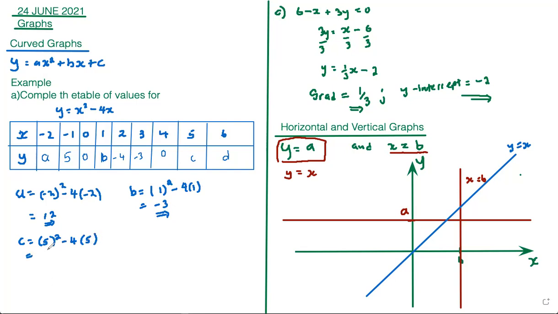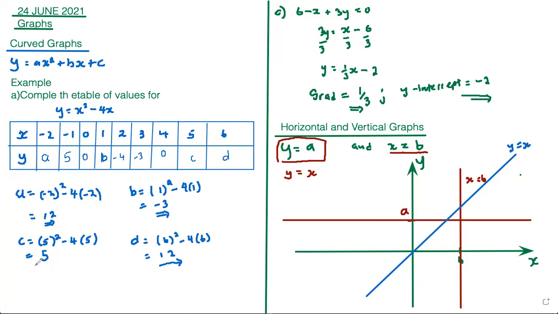So that's a 25 minus 20, which gives us a 5. And then for D, we substitute Y is equal to D. Then we substitute a 6 wherever there's an X. Then that's a 36 minus 24, which gives us a 12.